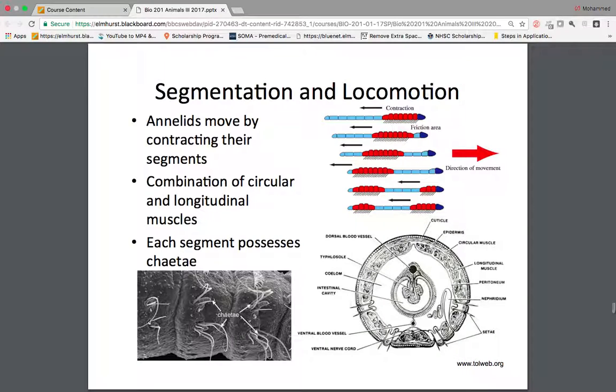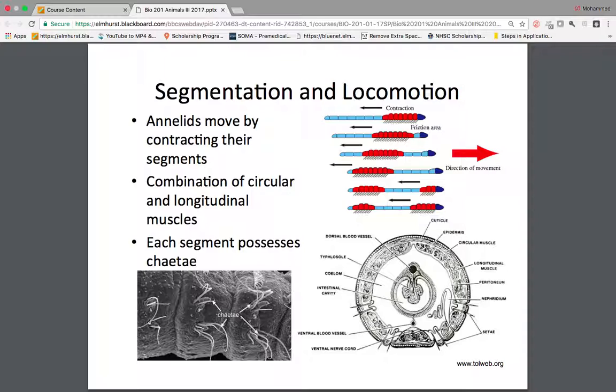The way they move is by altering contractions in individual segments. So by contracting the circular muscles around a segment, that segment elongates. By contracting the longitudinal muscles, the segment contracts. So if they want to move forward, they'll contract the circular muscles, and that pushes that segment forward.